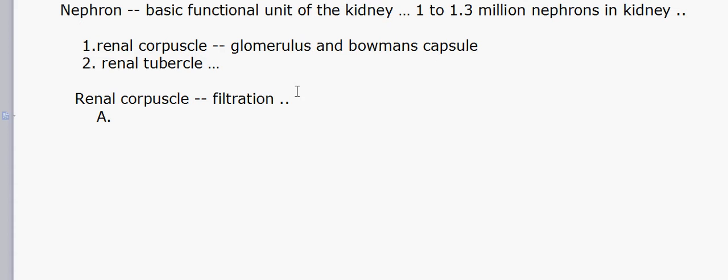Speaking about the cortical nephrons, in the cortical nephrons, the corpuscles are found in the outer cortex of the kidney near the periphery. So it is present in the outer cortex. You may be perplexed about the word outer cortex.